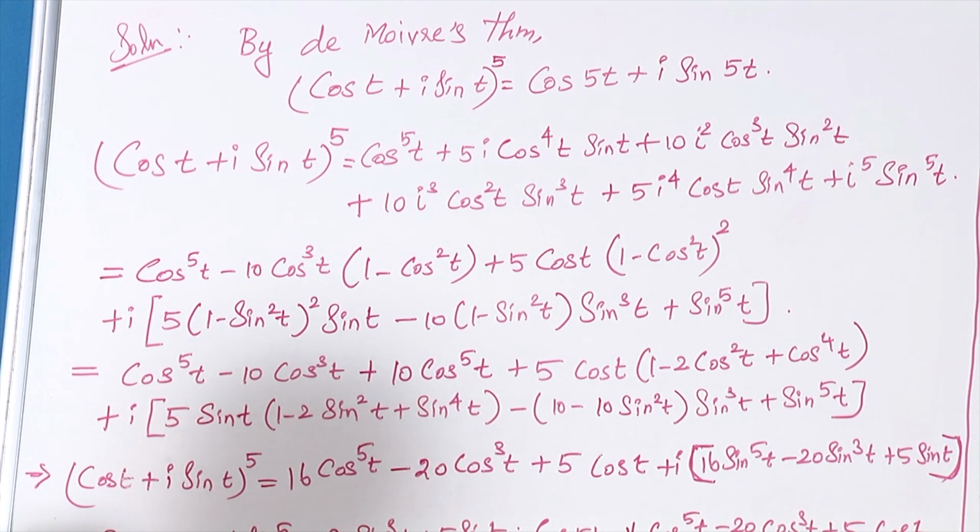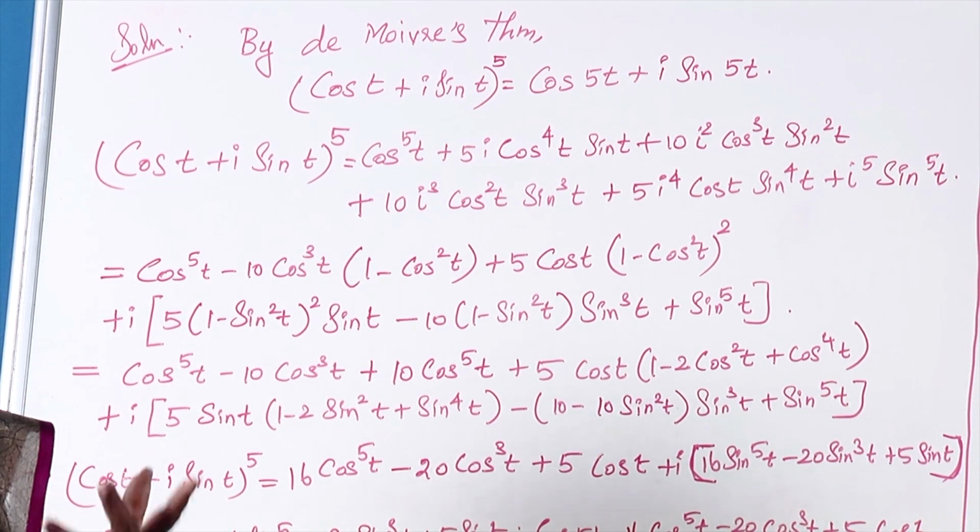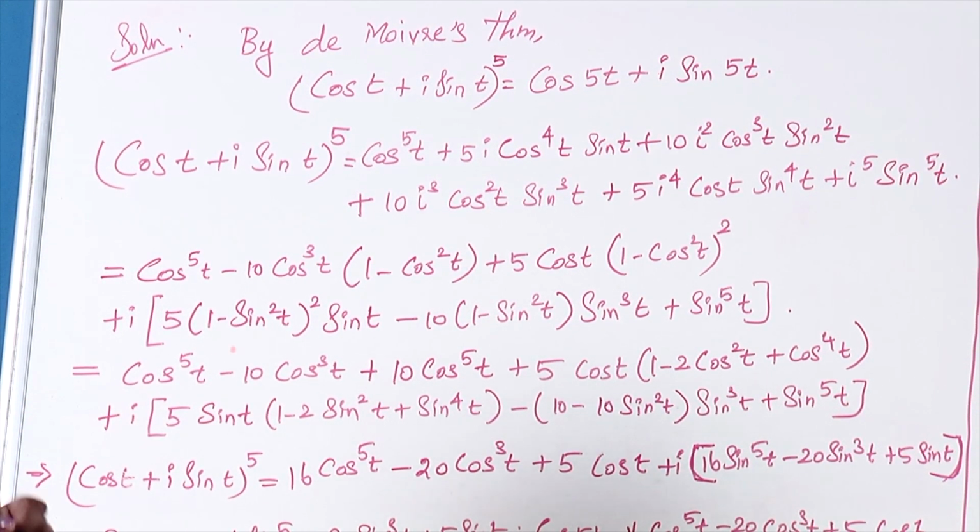Instead of sin square t, I have put 1 minus cos square t here, and then the other real terms that I can find are this term, 5 cos t sin power 4 t, but instead of sin power 4 t, I am writing it as 1 minus cos square t the whole square. Why am I doing this? Because I want to make my calculations easier, no other reasons.